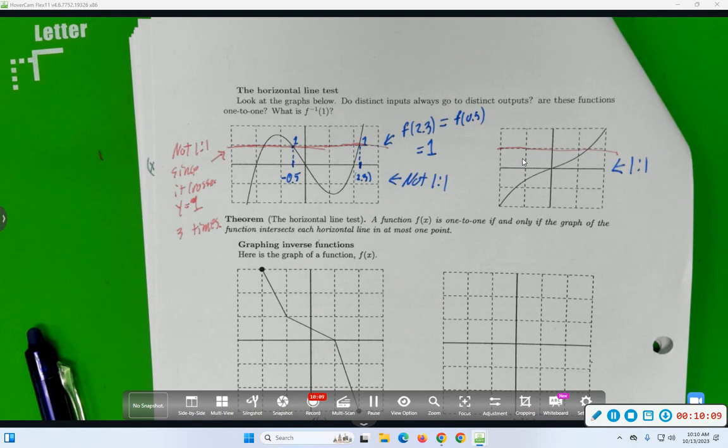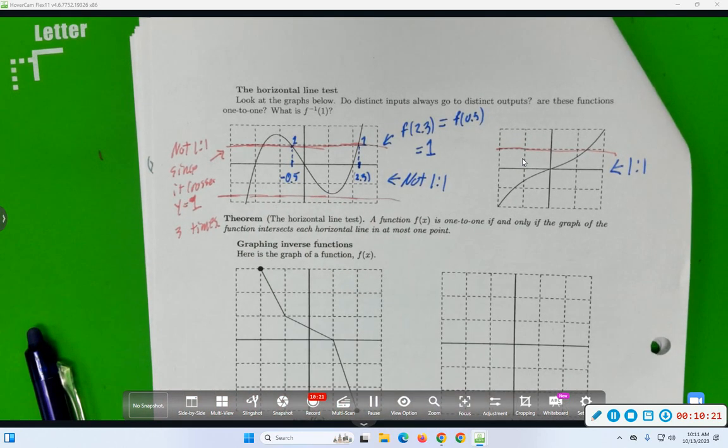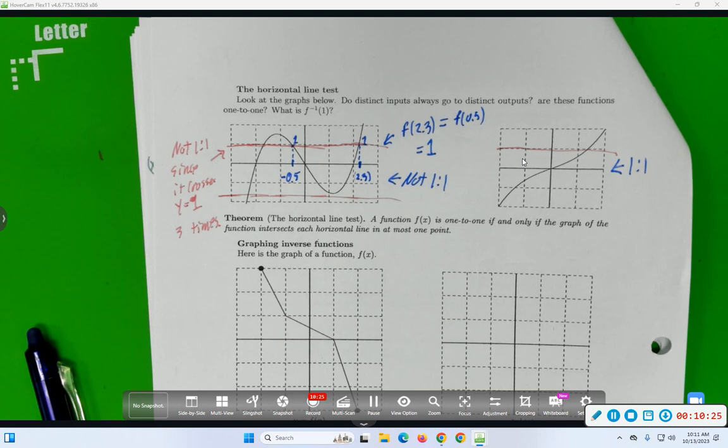If you want to check for one-to-oneness, draw a bunch of horizontal lines. It needs to cross every one of those in at most one point. So checking just one line isn't good enough because I might have accidentally checked this line. If a function crosses a line in only one point, that's fine. It's not enough to know that it's one-to-one. It needs to be everywhere.